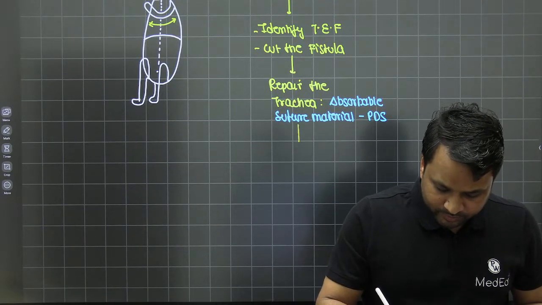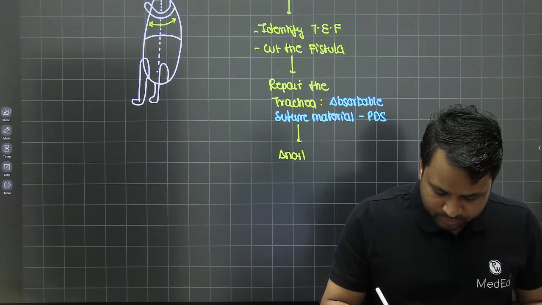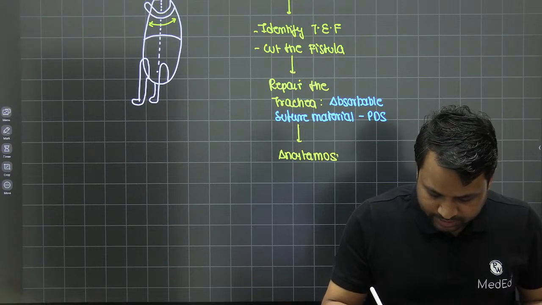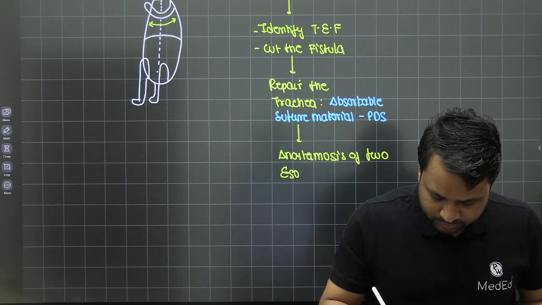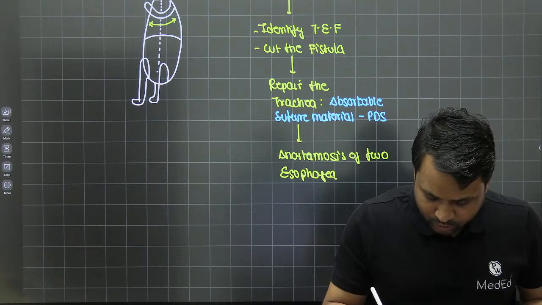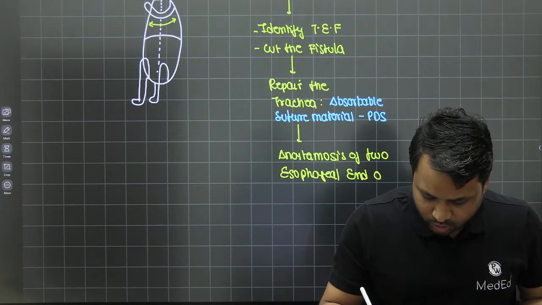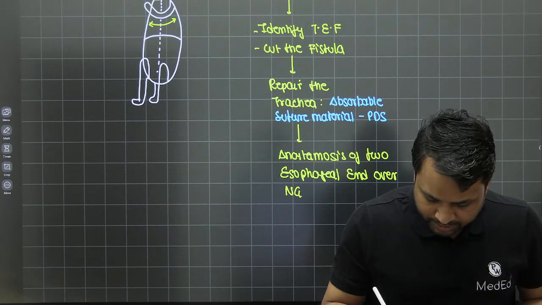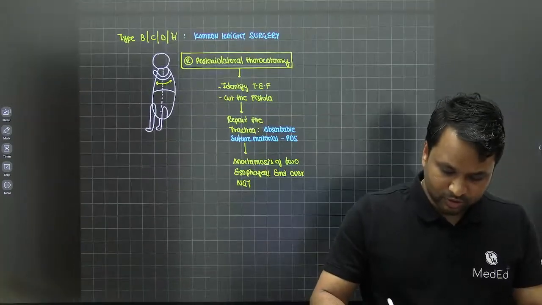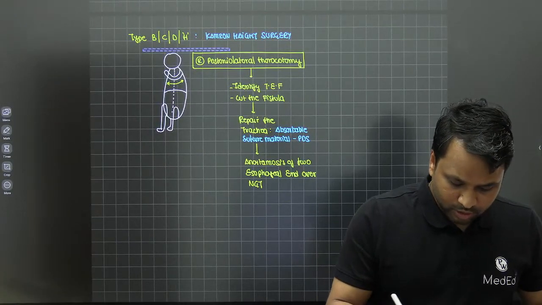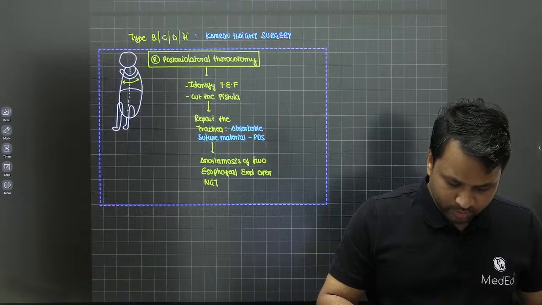And then the anastomosis of the two esophageal ends over a nasogastric tube. This is what we are going to do.